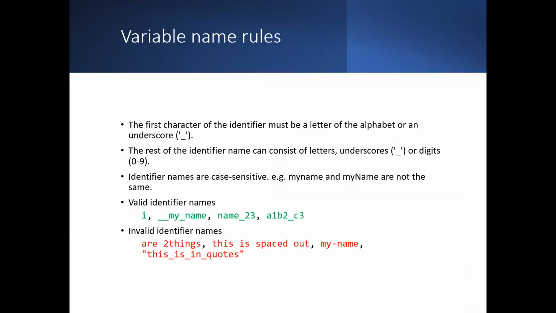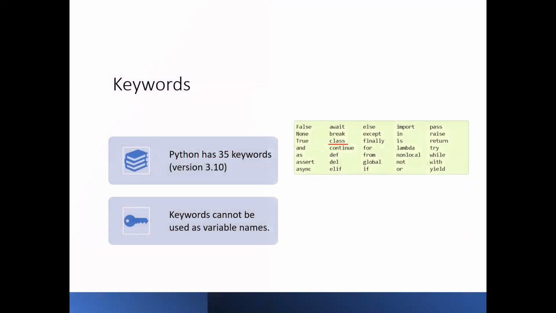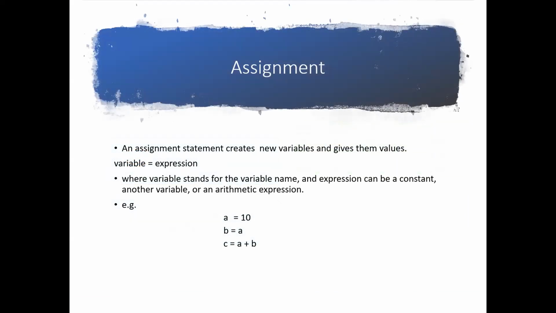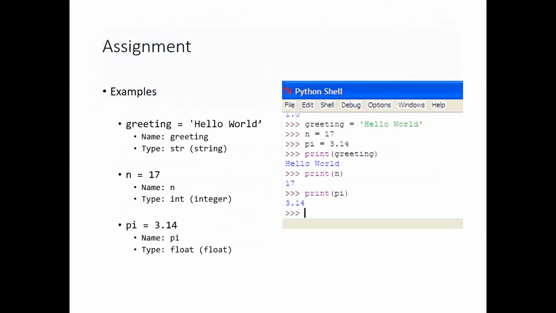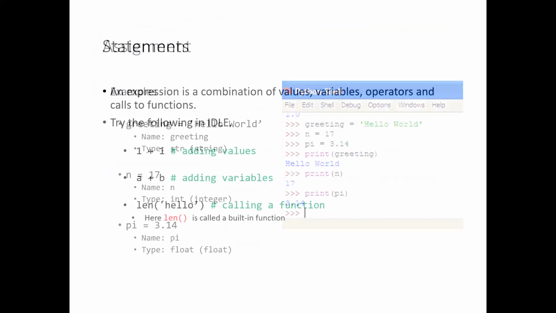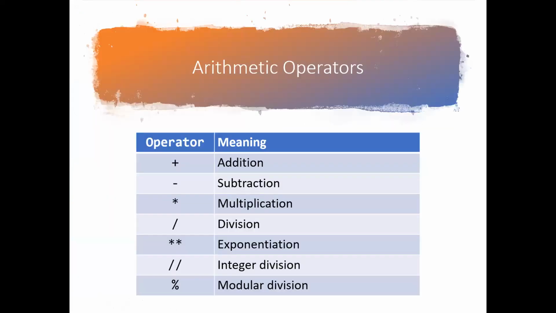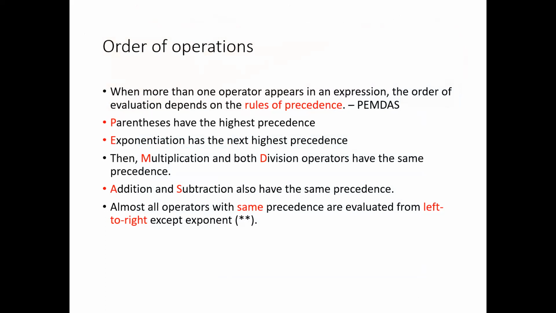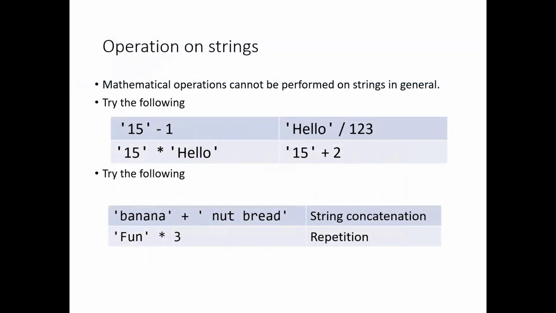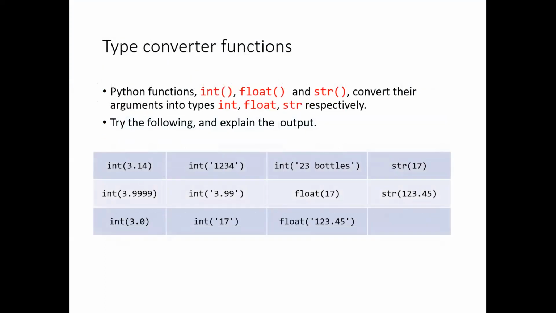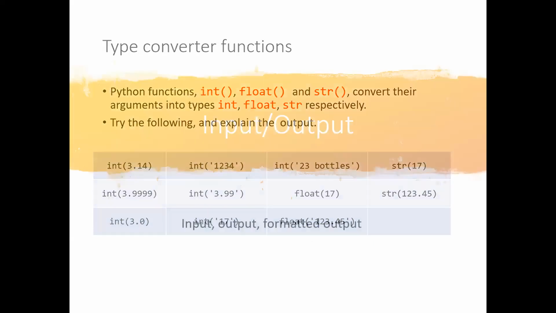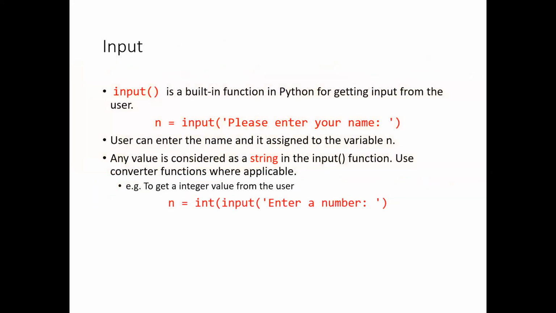And then we moved on to the variables, variable rules, and then the keywords available in Python, and how the assignment works in Python, which we briefly looked at. Then the statements in Python, arithmetic operations, and then order of precedence, then operations on strings, converter functions, and I think we have discussed input as well.